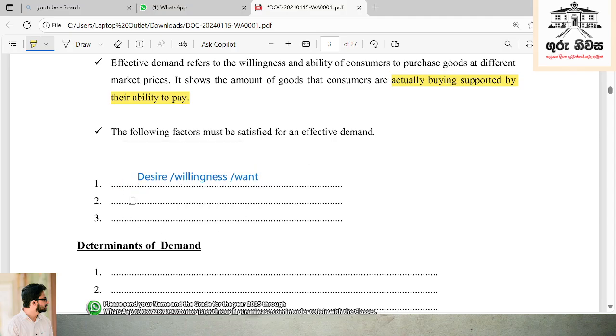Right. The second one is, lamai, money. Money means purchasing power.